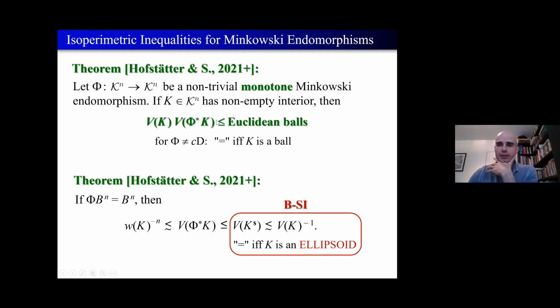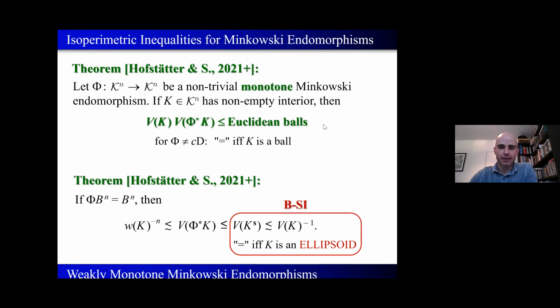The other one, or the story goes on. Of course, if you have this result for monotone, you might ask, do you need the monotonicity assumption, or can you get rid of this? There's a slightly larger class of Minkowski endomorphisms that's also been studied and is quite well understood, and these are the weakly monotone ones.